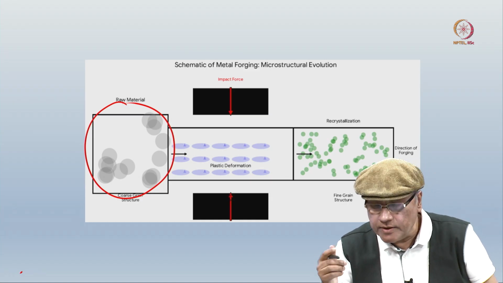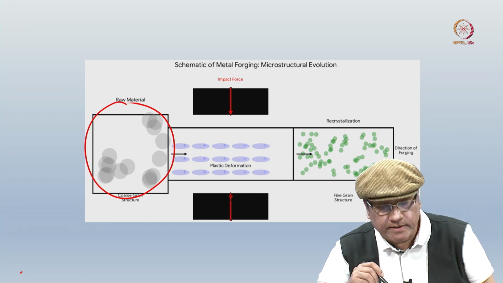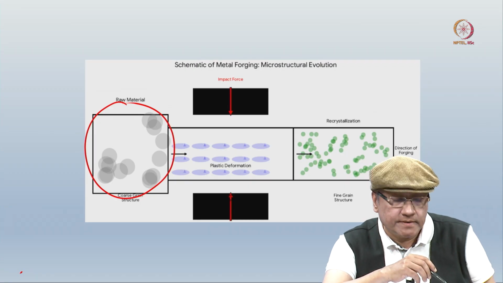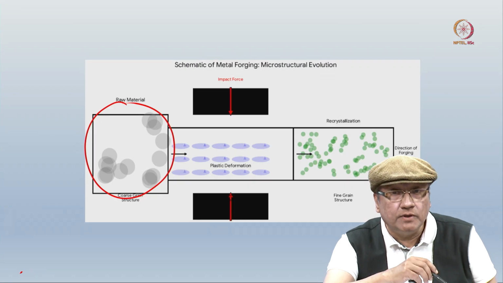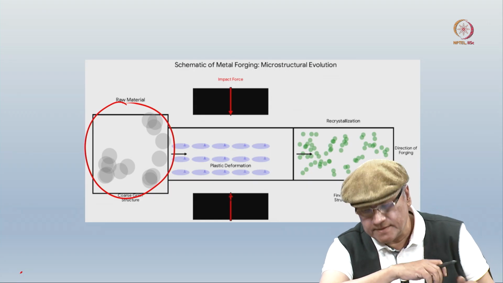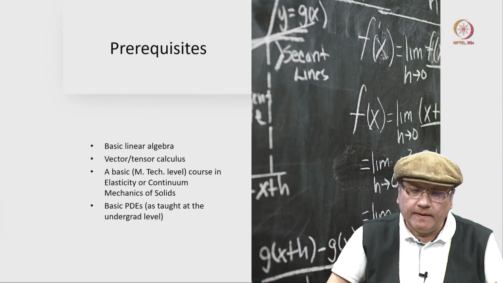These things we will be talking about as we go along. But what is important to understand here is that without making this particular component undergo large plastic deformation, you cannot make these thin sheets and things like that. So that's a very important thing to remember.